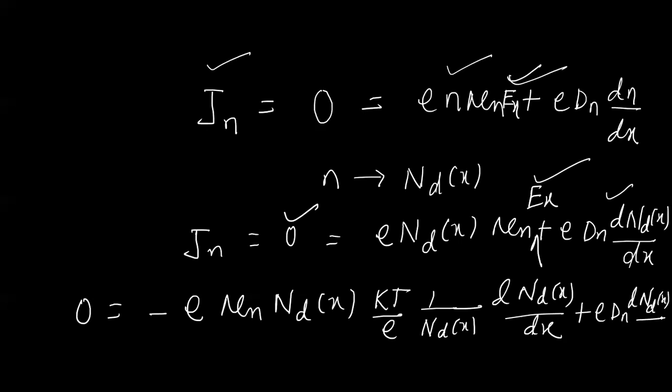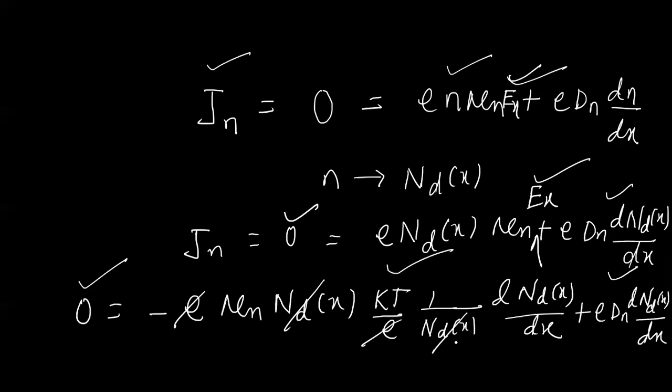plus the second term here, e D_n dn/dx. So you can see these two terms add up to 0, so they must be equal. We can just equate these two terms and cancel whatever can be cancelled. I can see e got cancelled, N_d(x) and N_d(x) got cancelled.